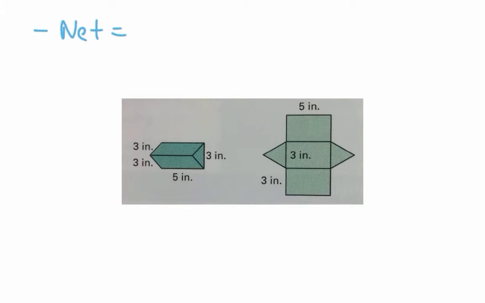So the net, I'm going to say, is an unfolded 3D object. I don't know if you want to try to quick draw something like that. My guess is you probably don't need to. It just triggers your mind enough. So. Okay on those?